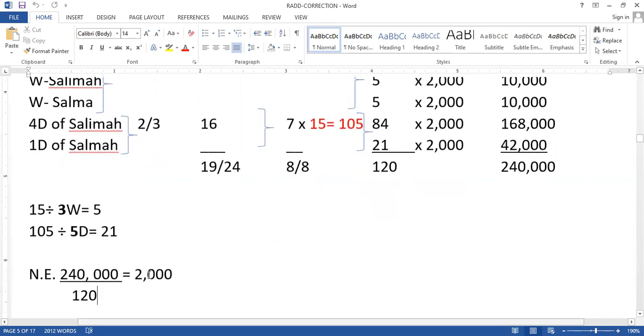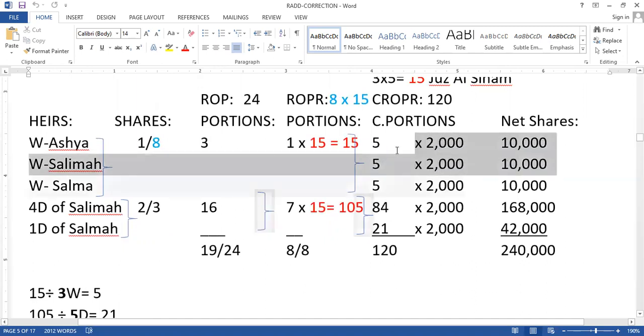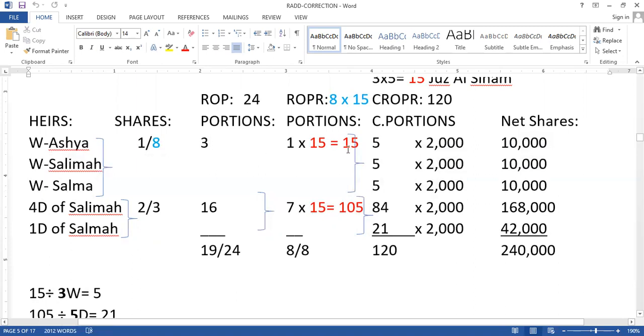So yung result niyan is i-multiply natin dito sa mga portions nila. No? So kaya nga may mga times 2 tayo nakikita dito. Okay? So ngayon, ang magiging share ni Ashia, 5 times 2,000 is 10,000. The same with Salima and Salma. Tapos yung 4 daughters ni Salima, 84 times 2,000 is equals to 168,000.